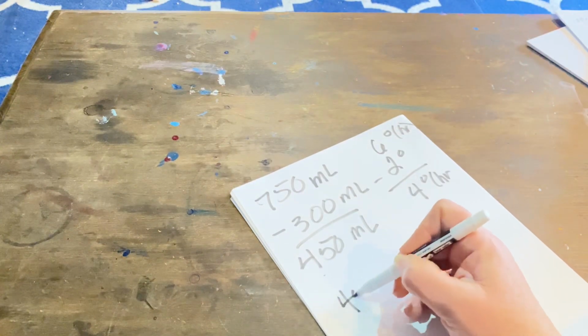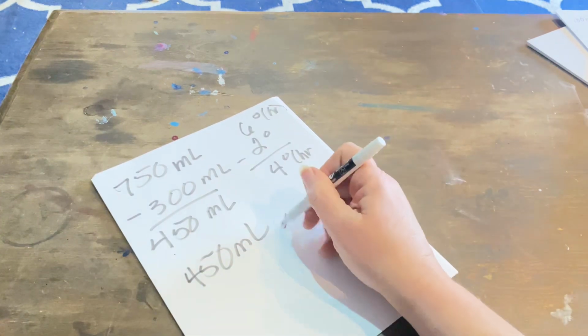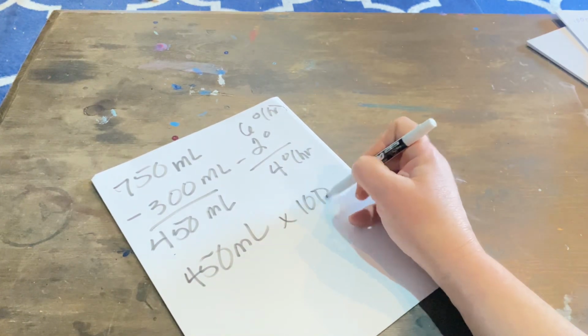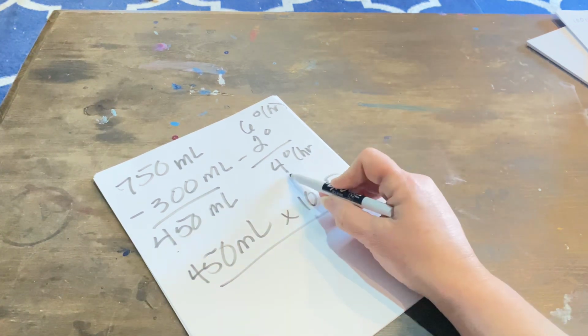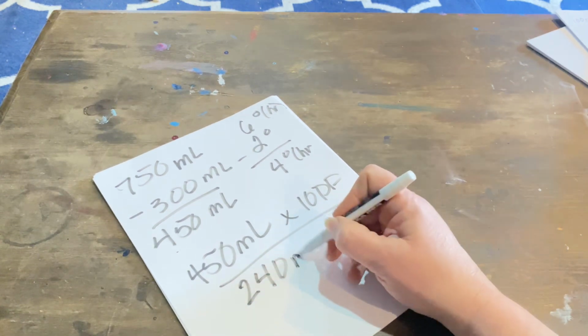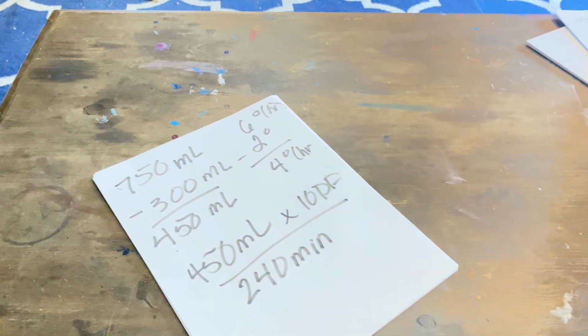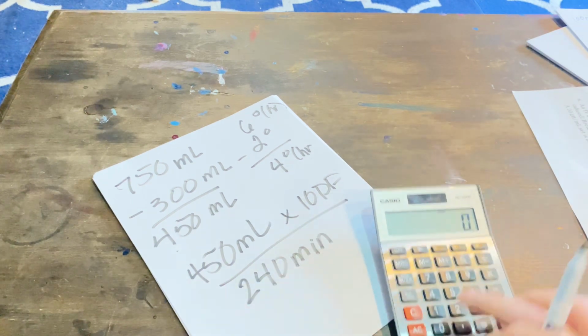So 450 times a 10 drop factor divided by 4 hours, which is 240 minutes. Like a machine. You grabbing that calculator?